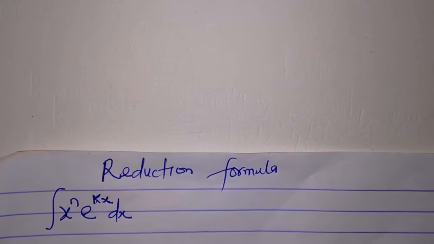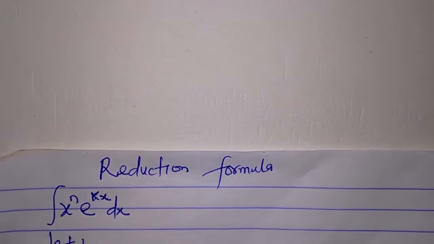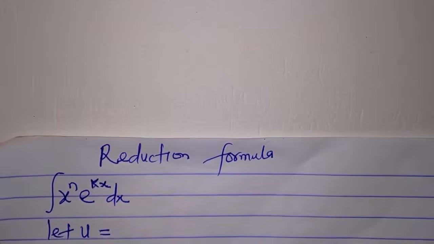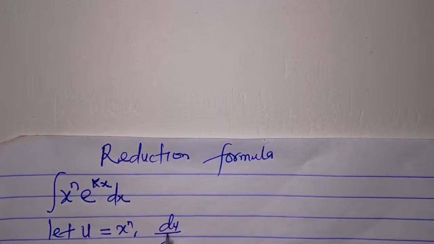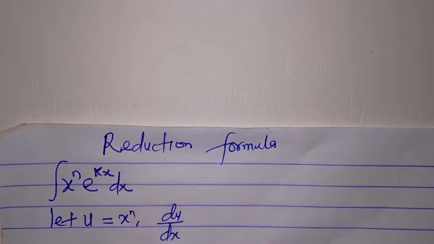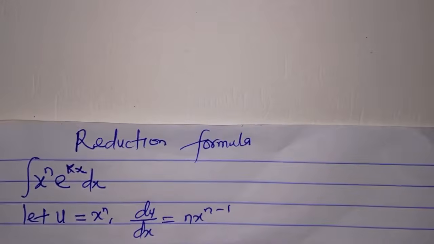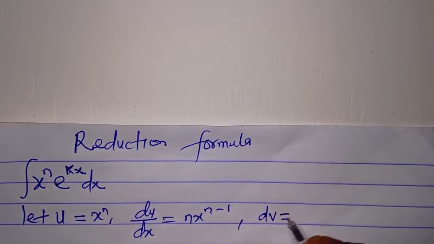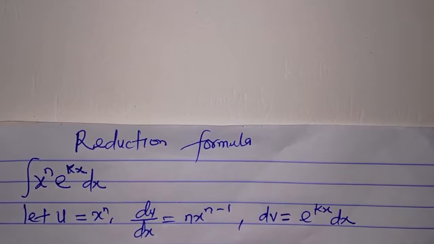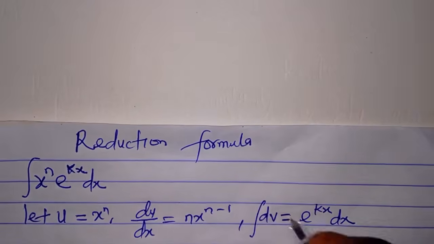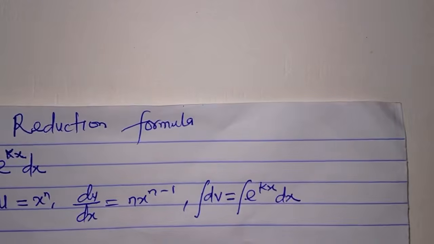Using the integration by parts formula, if we say let u be equal to x to the n, it means that du dx is equal to nx to the n minus 1. And let dv be equal to e to the power of kx dx. To get v, we integrate both sides. The integral of dv is v, alright?